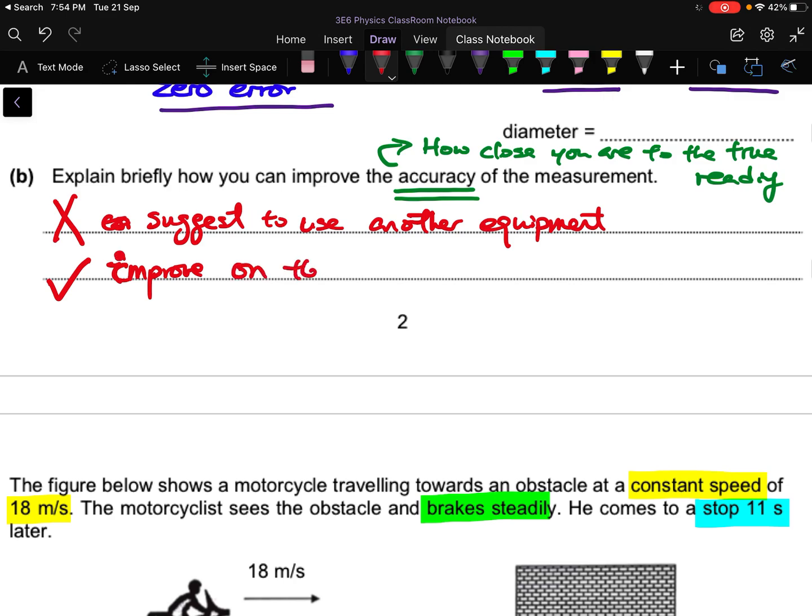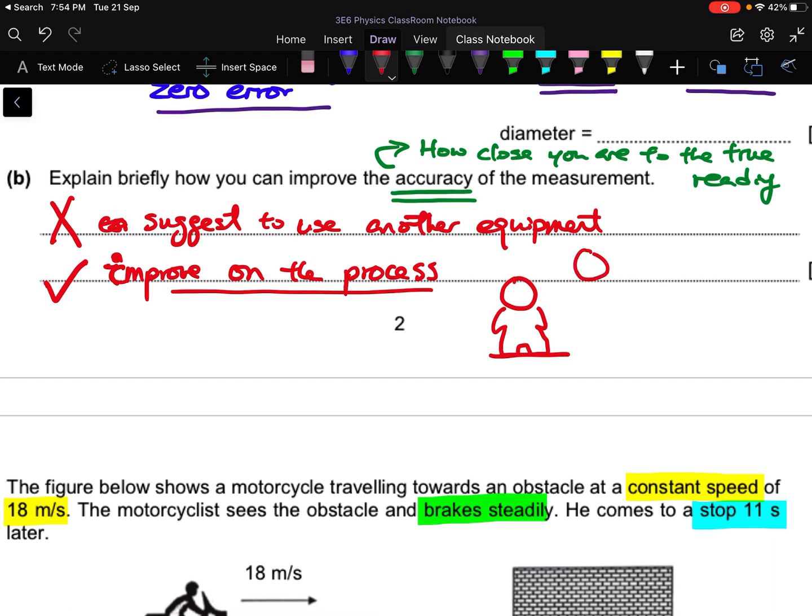on the process. Now what is the meaning of improving the process? It means the way you make the measurement. For example, if you want to measure a person's height, you can get a taller person to put a stick like that, and from the stick it points to a ruler behind on the wall and says, okay, you are 165, right?